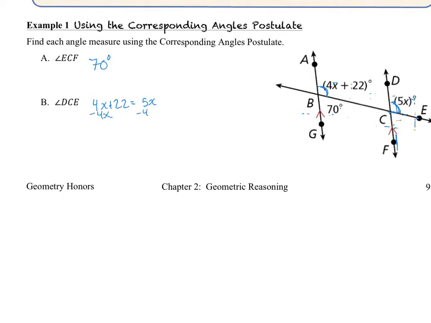Subtract 4x from both sides. 22 equals 1x, or just x. So to find the measure of angle DCE, which is this angle here, we would do 5x, which is equivalent to 5 times 22, since x is 22, 110 degrees.